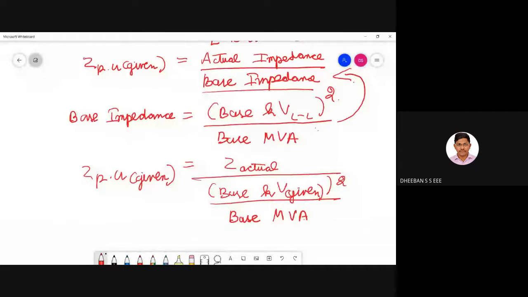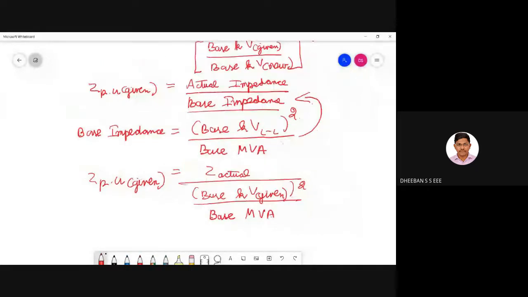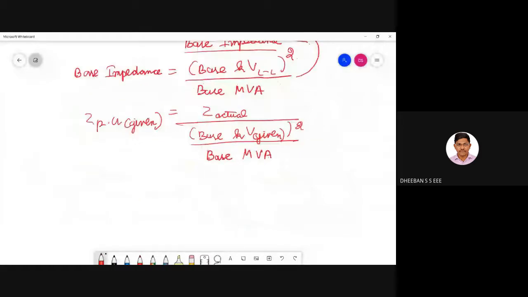And now a common base value will be given. As I said, in the problem you have to select a common base value, and this common base value will be taken as a reference.